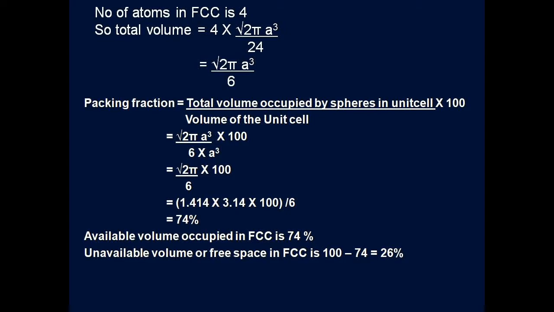We already found the total volume. You substitute this value in this equation, we get the value 74%. This is the available volume occupied by the spheres. If you want to calculate the free space or unoccupied volume, you have to subtract the 74% from 100. You get 26% for the face center cubic unit cell.